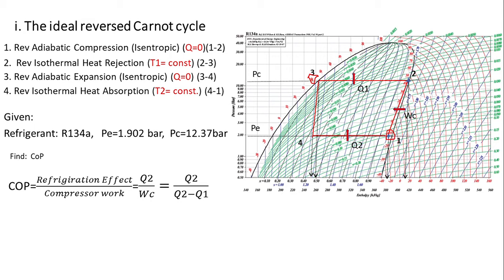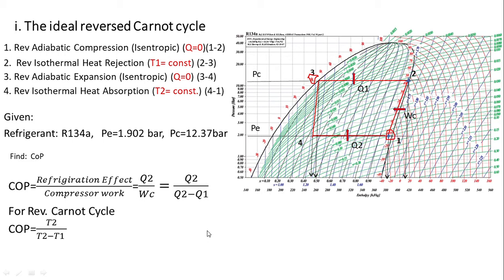Now if this cycle is a reversible Carnot cycle or ideal Carnot cycle, then Q2 is proportional to T2 and Q1 is proportional to T1. So for the reversible Carnot cycle, COP is equal to T2 upon T2 minus T1.